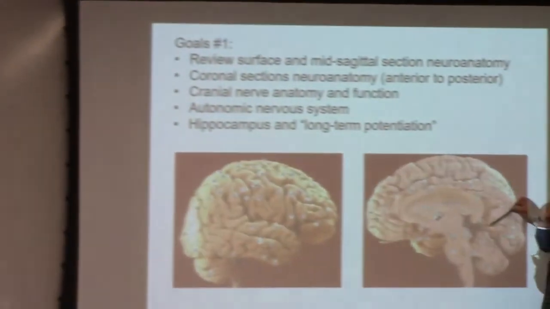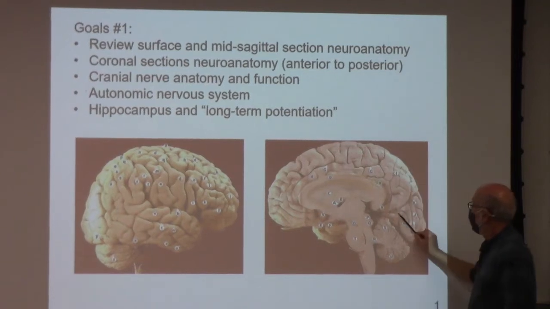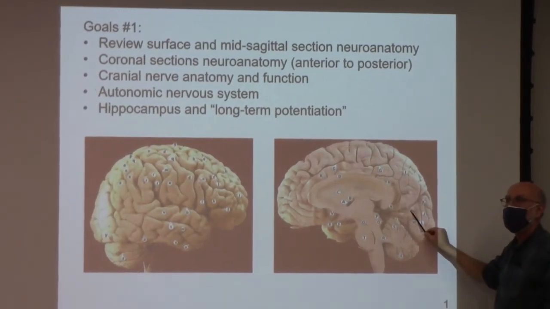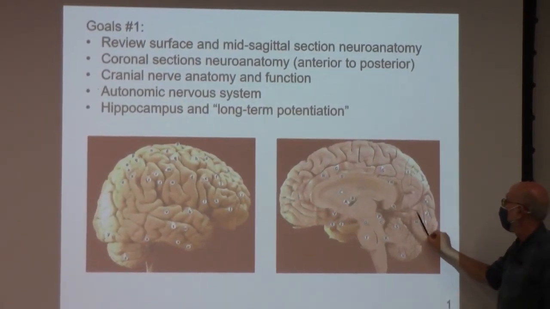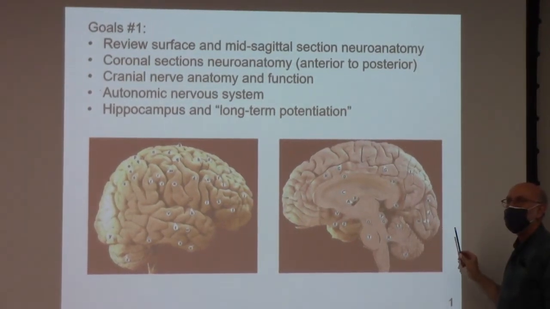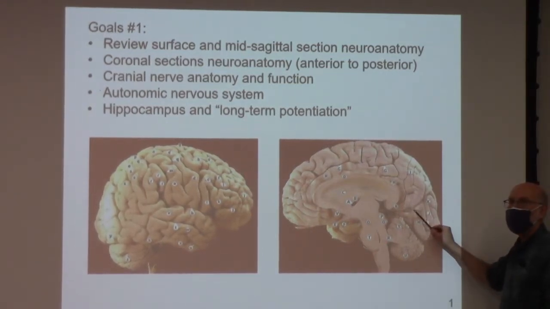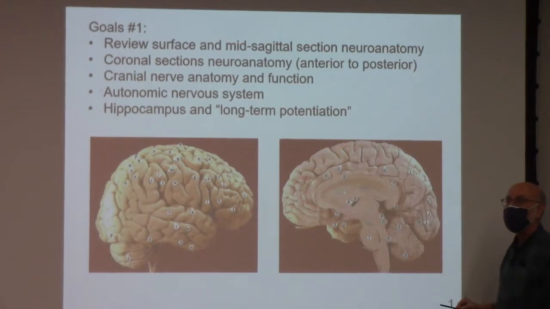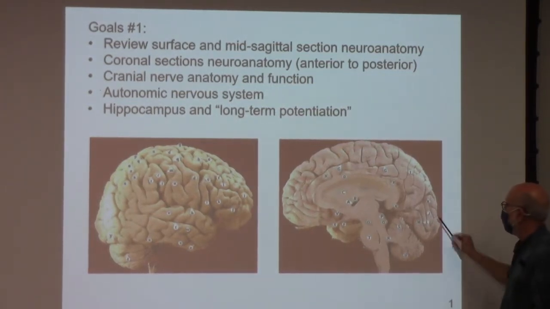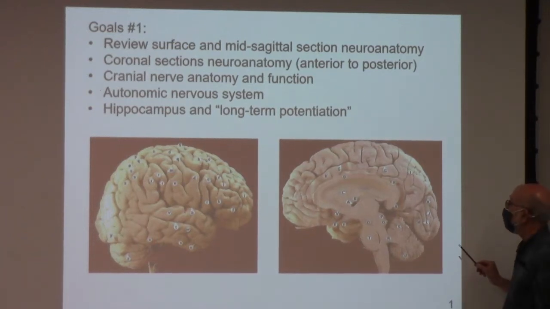It's the parieto-occipital sulcus. And, okay, last one. What's the name of this sulcus right here? I mentioned it on Monday. Again, repetition is important. Abby, do you remember the name of this sulcus? Calcarine sulcus. This is where the visual cortex is. We'll talk about that when we talk about vision.